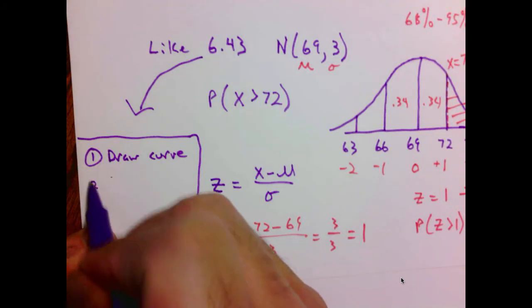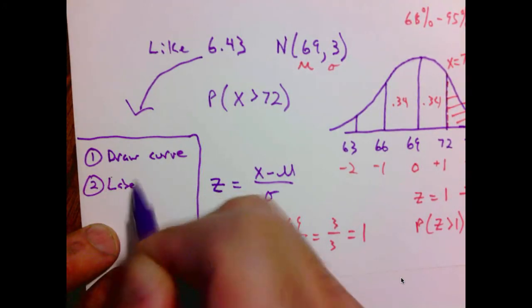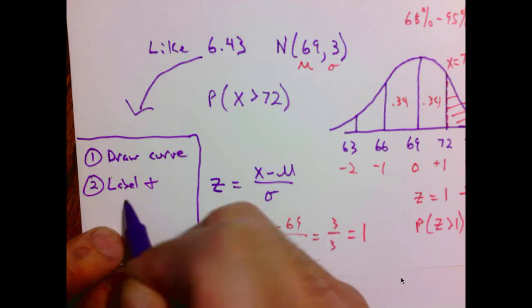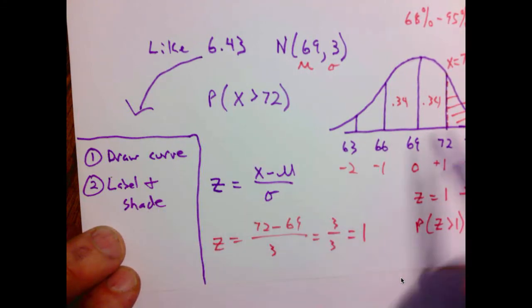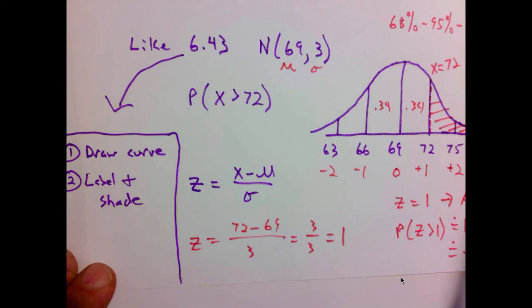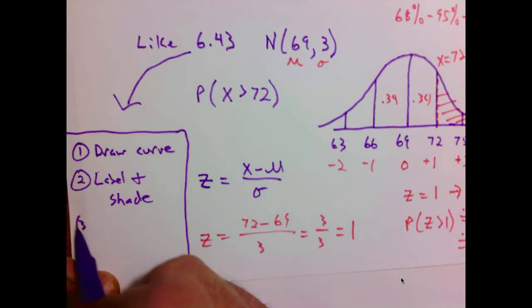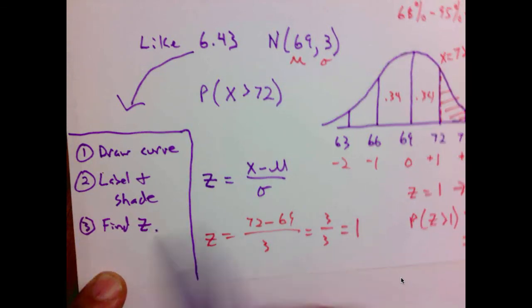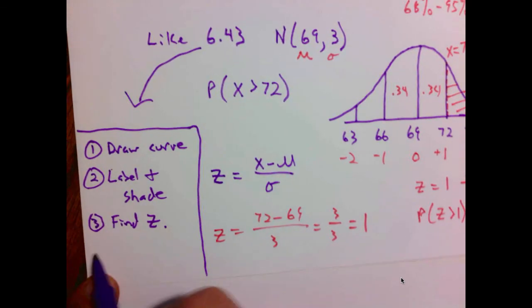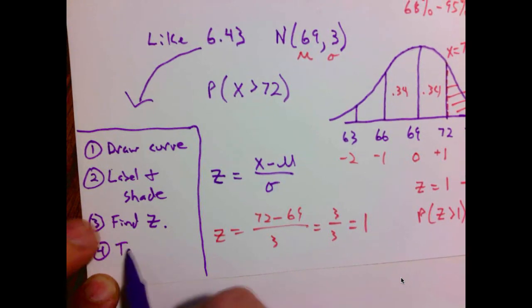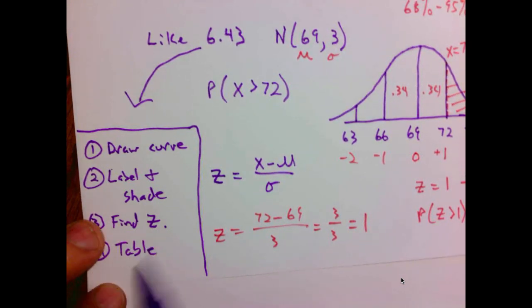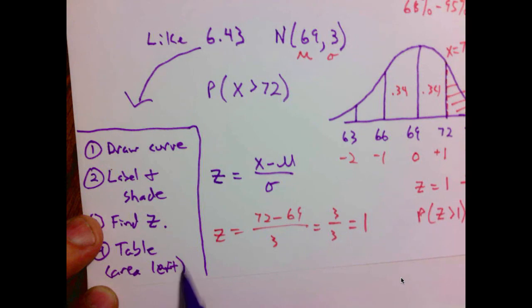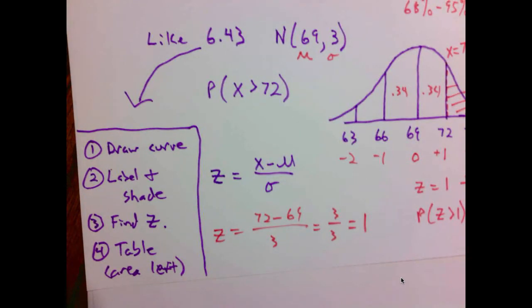Number 2, label and shade. You can get a good idea of how much the area is just by doing that. Number 3, find the z-score, using this simple formula. And number 4, go to that table. The table is going to find the area to the left of, and that area is analogous to a probability.